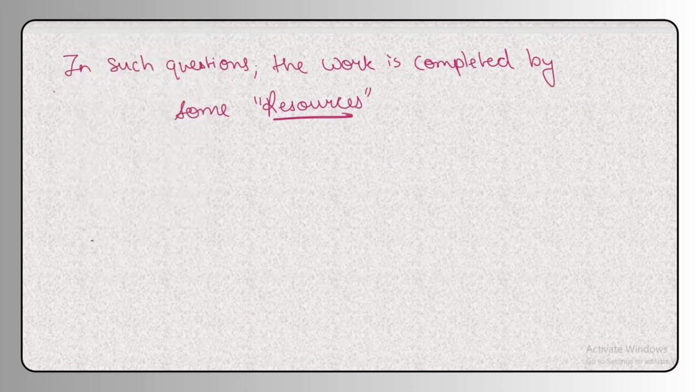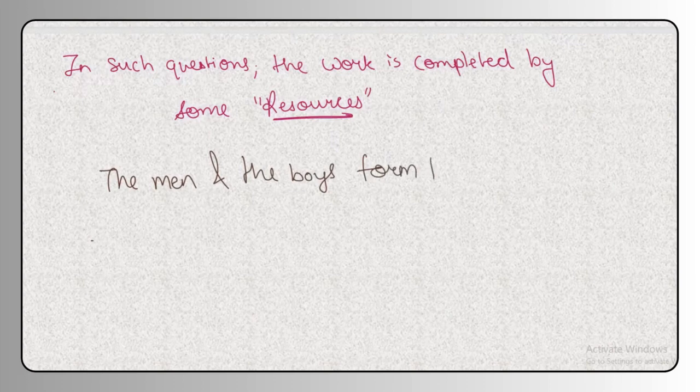So in our case, the men and the boys are those resources to complete the work, right? So some number of men and some number of boys will together do the work. They'll contribute in completing the work, and finally they'll complete it. The interesting fact about these resources is that they are unique, and they have their own rates of completing the work.